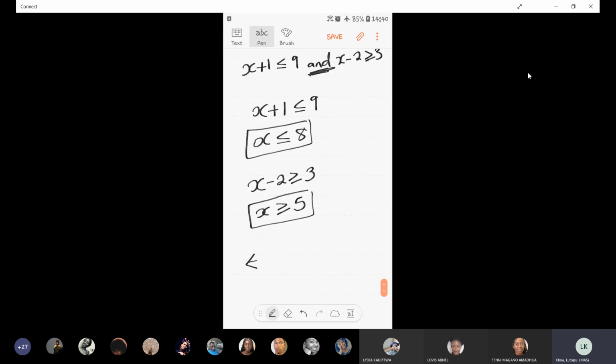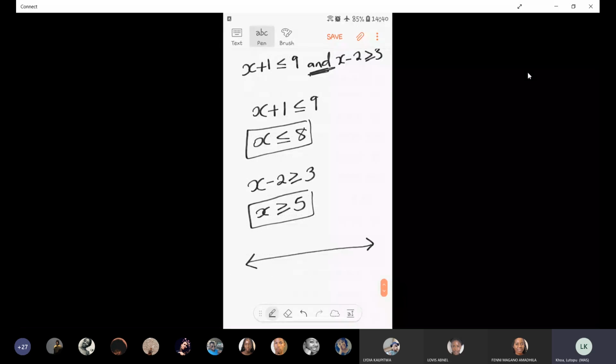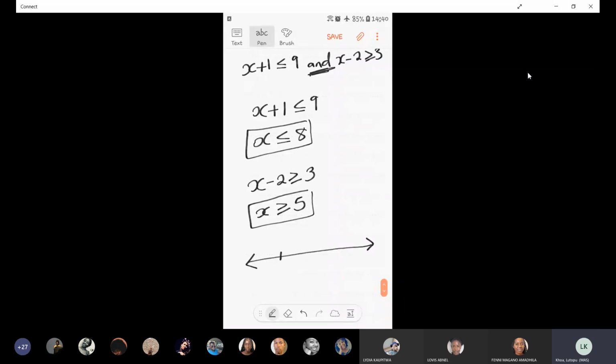So I will draw my number line. I'll put the points. I have 5 and I have 8. Then less than or equal to 8, the circle is shaded because 8 is included, and less than means to the left of 8.